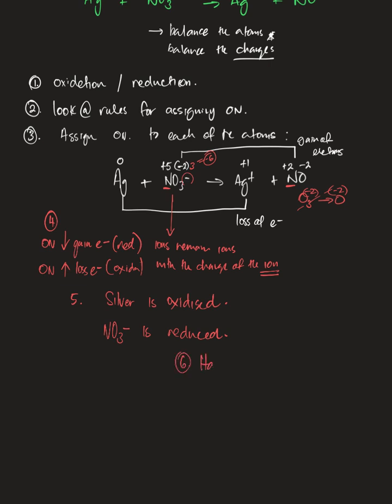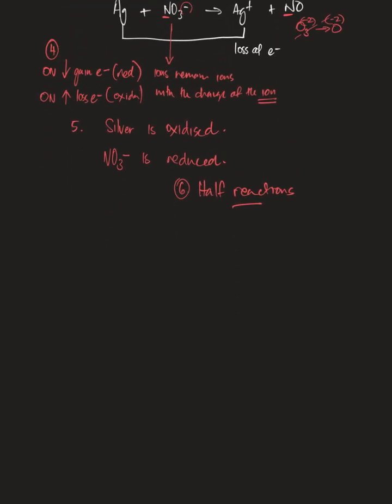Right, so the next step is step 6, we want half reactions. I want the oxidation half reaction and the reduction half reaction. So for oxidation, let's name this A. We're going to go Ag became Ag⁺.